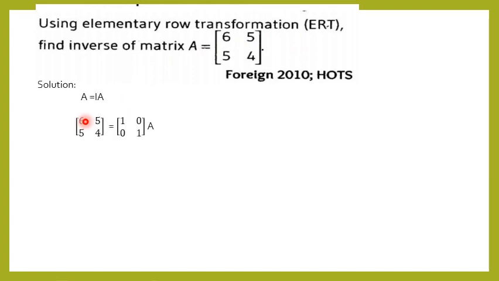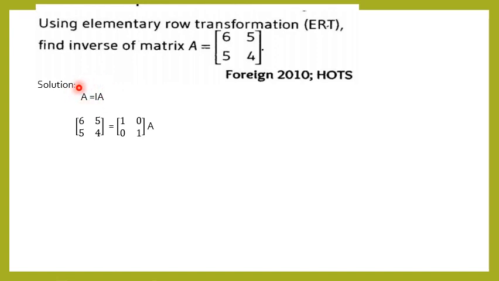So the first step is we need to write this equation A equals I into A. Here I is the identity matrix. When we multiply a matrix with the identity matrix, we get the same matrix. So here is the equation.